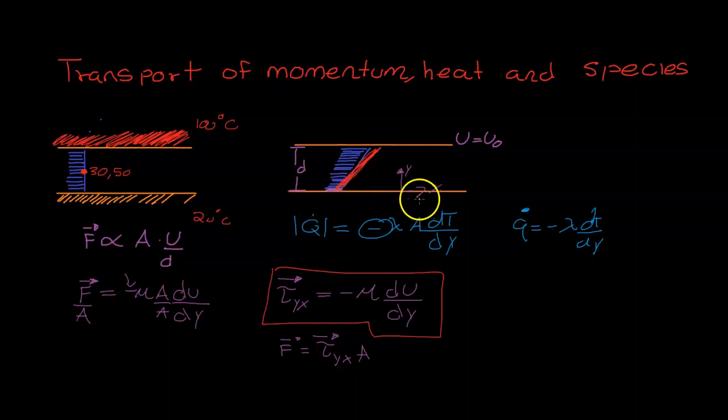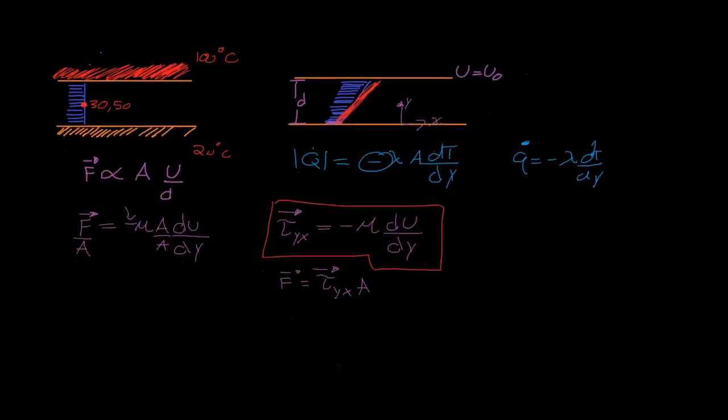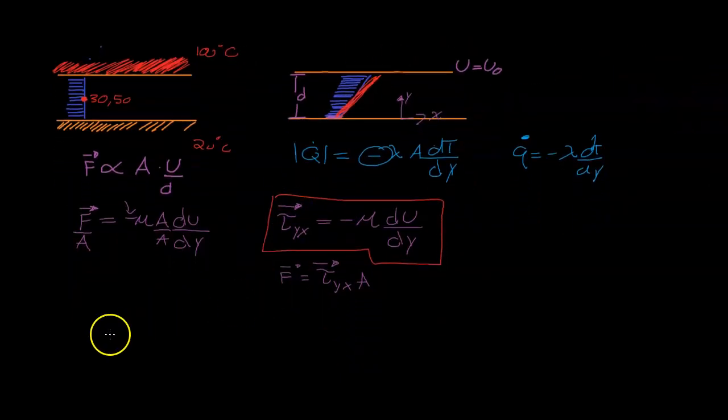As well, in the previous video we talked about the Prandtl number, I believe. It's going to give us a relation between the kinematic viscosity and kappa, which is the thermal diffusivity.